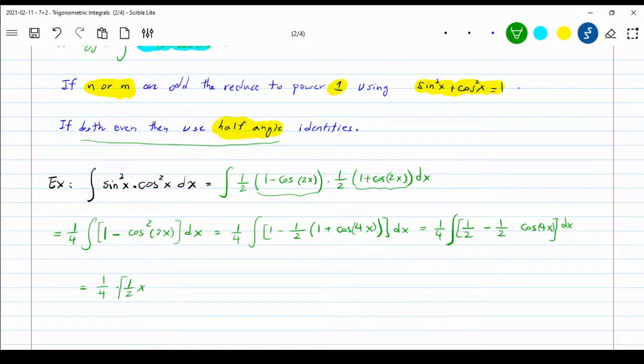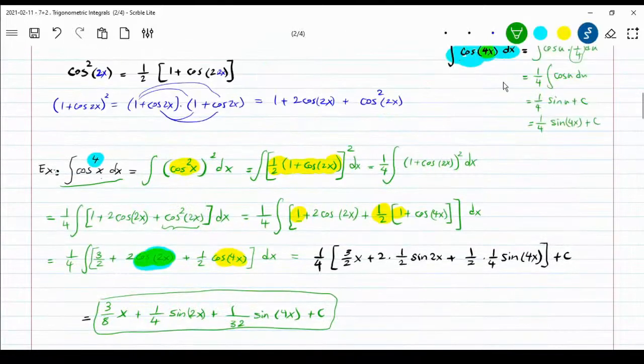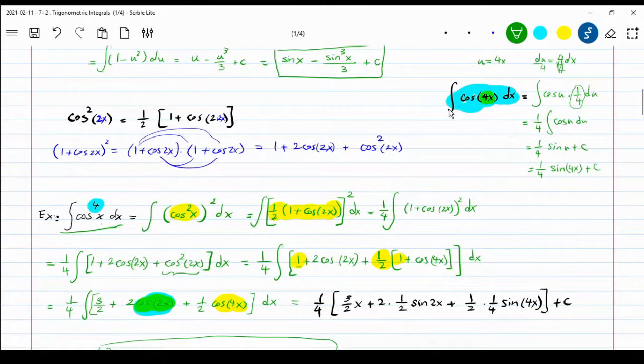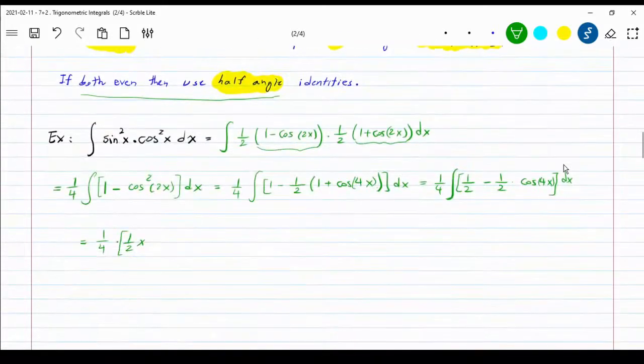x. What is the integral of cosine 4x? We did this just earlier on. Remember this substitution, cosine 4x right here, and the result became 1/4 sine 4x. So the integral of cosine 4x is, the negative 1/2 is still there, multiplied by 1/4 sine 4x.